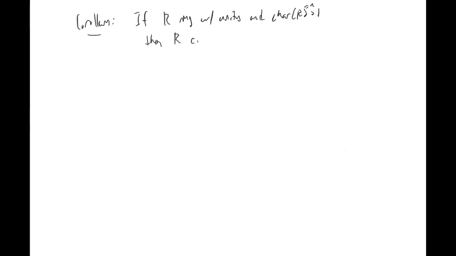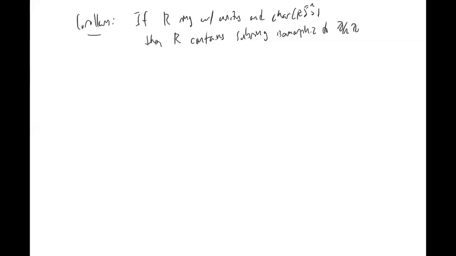So this is a corollary. If R is a ring with unity, and the characteristic of R is bigger than 1, let's call it n, then R contains a subring, the image of phi, isomorphic to Z mod nZ.